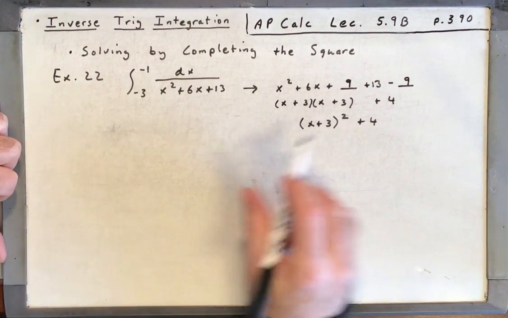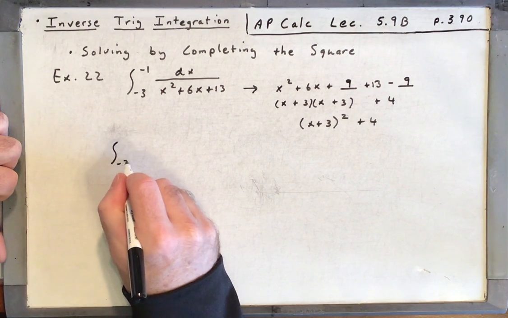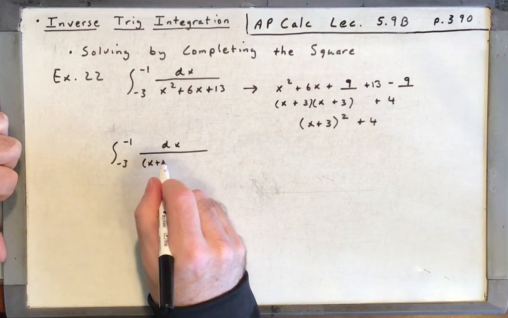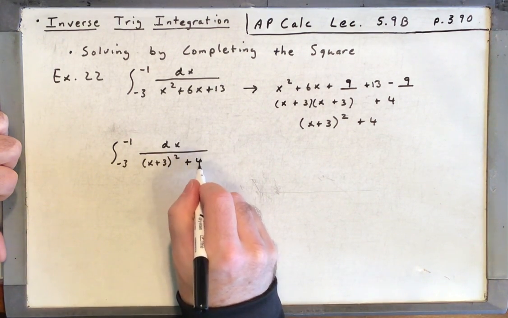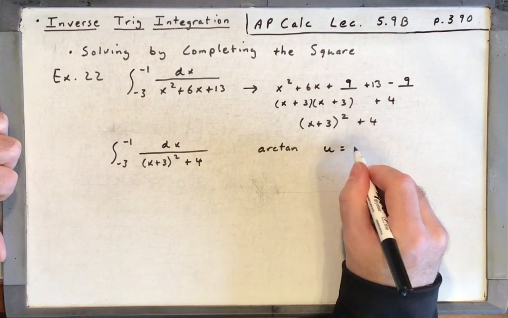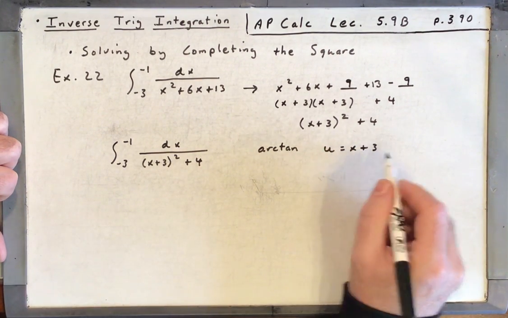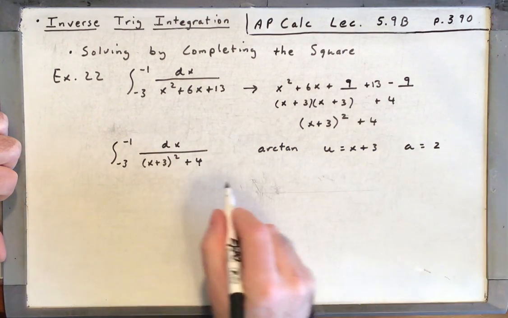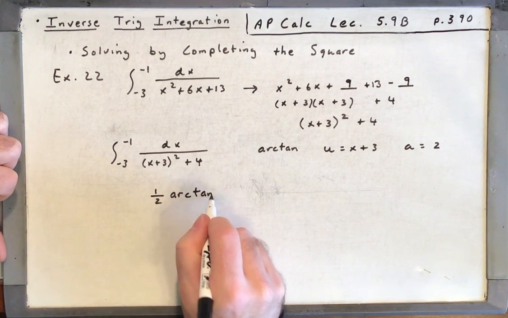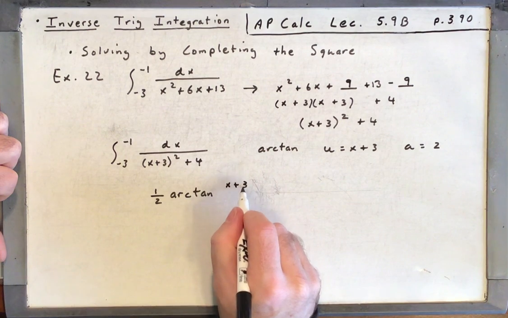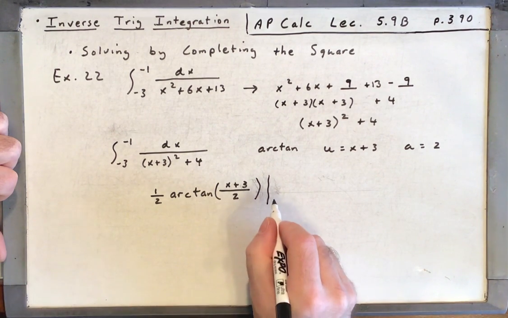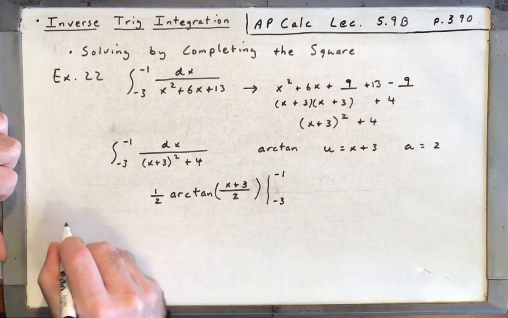Now we have what looks like the arctangent situation. -3 to -1 dx over x plus 3 all squared plus 4. So this looks like arctangent with a u of x plus 3, and thank goodness the du is 1, and a is going to be 2. So I'd have 1/2 going through the formula, arctangent u over a, so x plus 3 over 2, evaluated from -3 to -1.